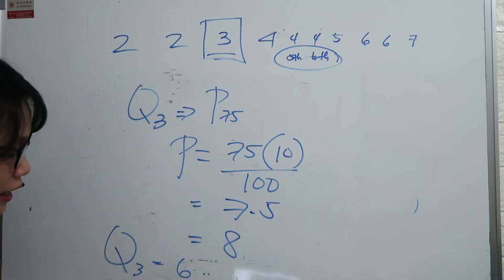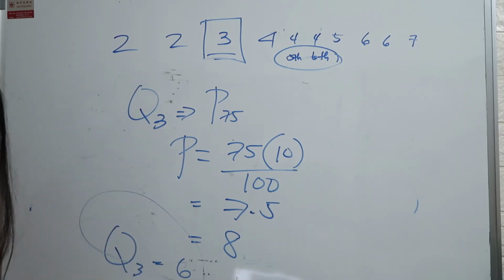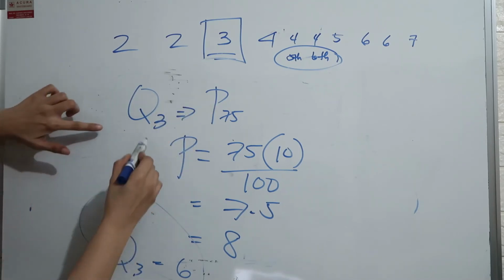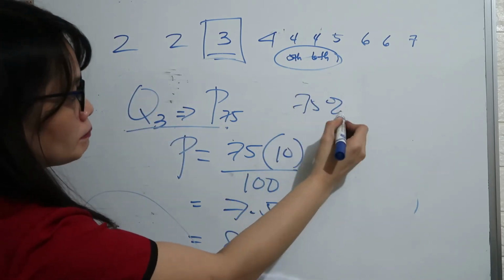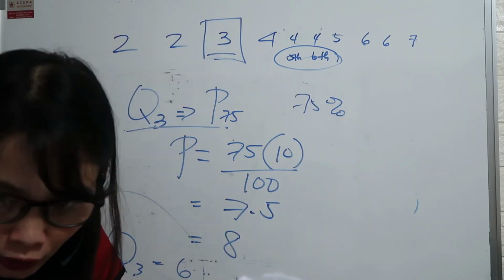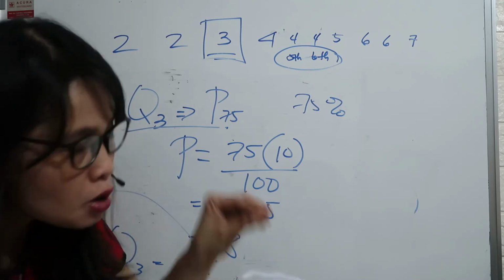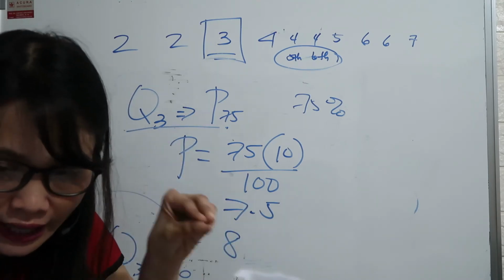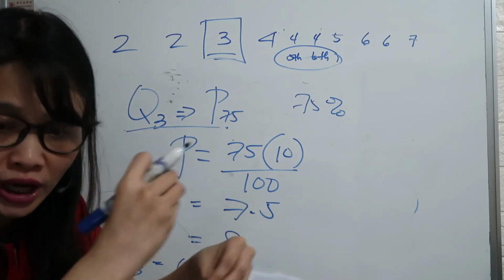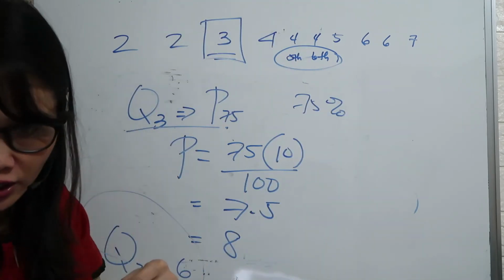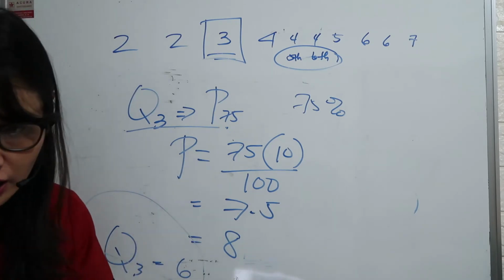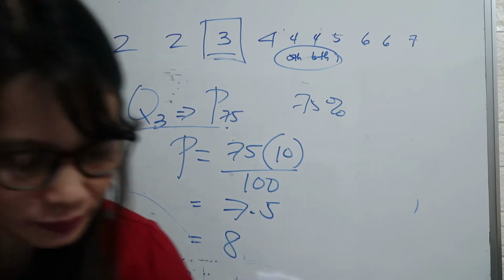That is the interpretation. Quartile 3, which is 6, is the same as the 75th percentile, meaning 75% of the 10 random people watch TV less than 6 hours, and the 25% watch TV more than 6 hours. So that's the interpretation. So going back.